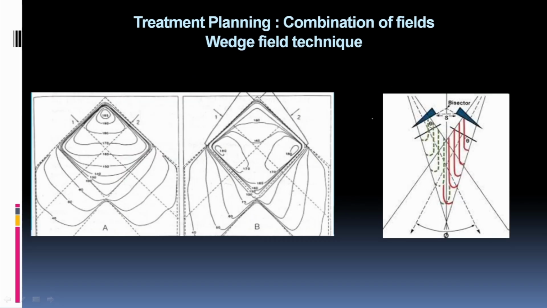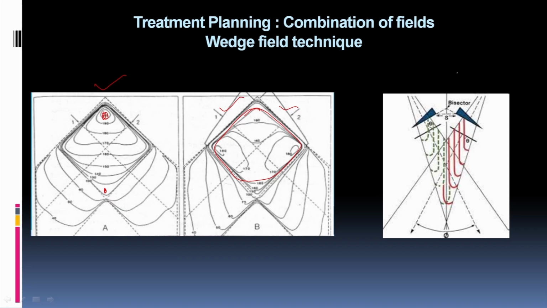These are the isodose distributions of open field. This is the open field. You can see this is a high dose and these are the low dose areas, but if we apply the OH, we will get a very good uniform dose distribution for the target volume.